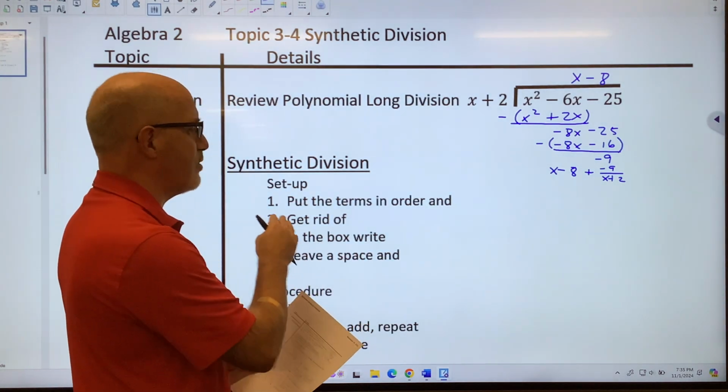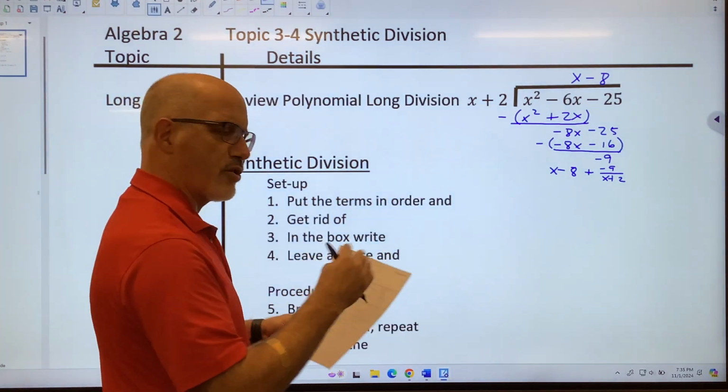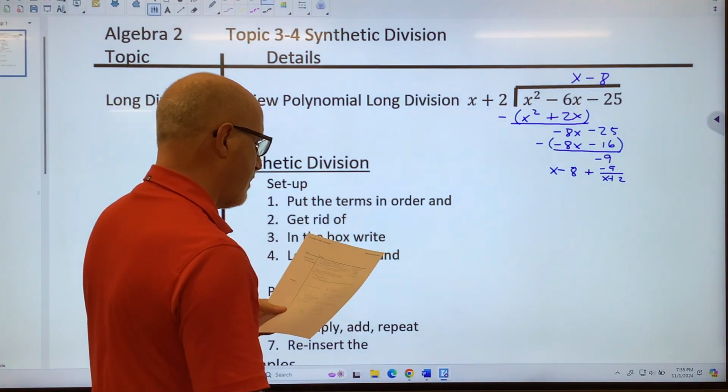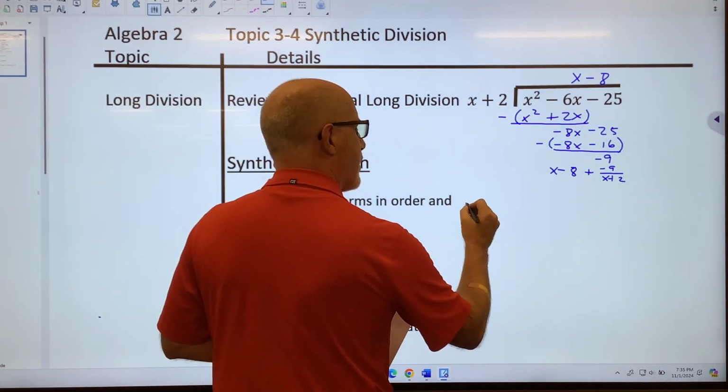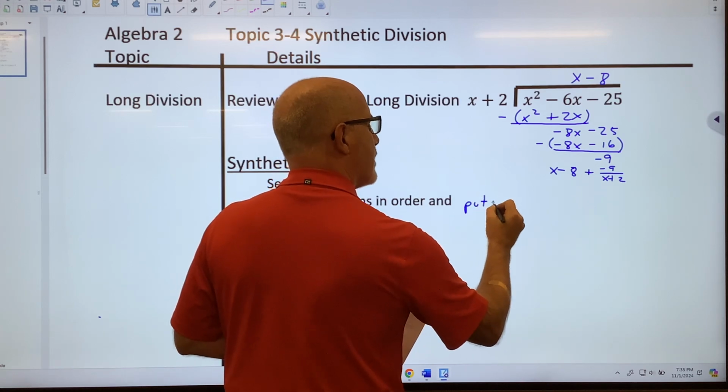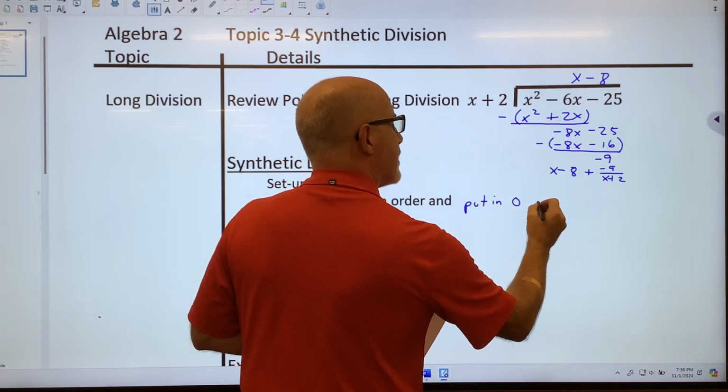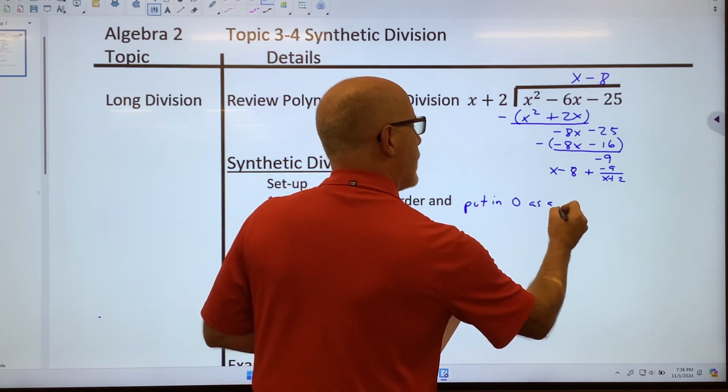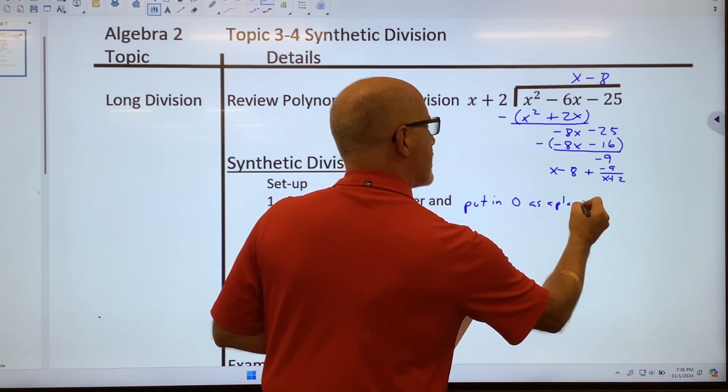So the first thing you do is you put the terms in order, make sure it's in standard form, and then put in 0 as a placeholder when there's missing terms.